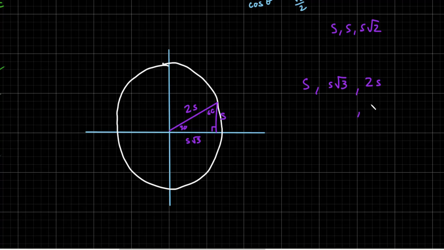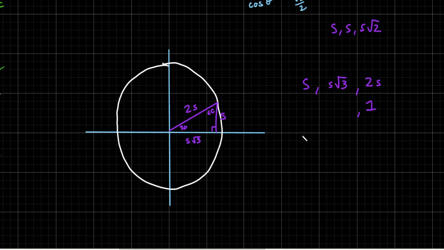What is the radius of a unit circle? What's always, it's a unit circle. What's the radius of a unit circle? Oh, r, radius in the unit circle is always 1.